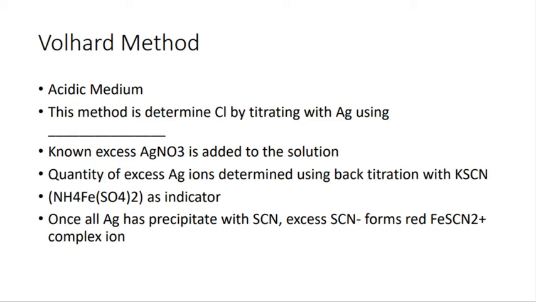Pag sinabing back titration, it is a titration where the concentration of an analyte is determined by reacting it with a known amount of excess reagent. A known excess of silver nitrate is added to the solution, and the quantity of excess silver ions is determined using back titration with potassium thiocyanate, with ammonium iron(III) sulfate as indicator.